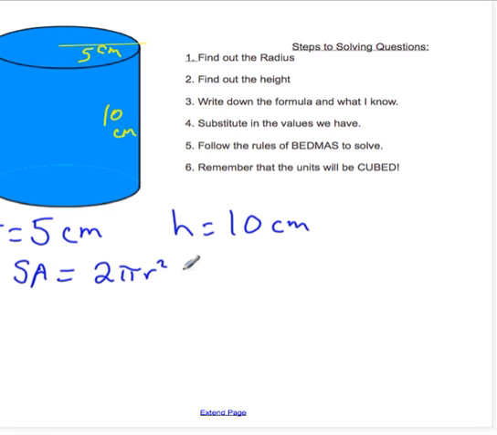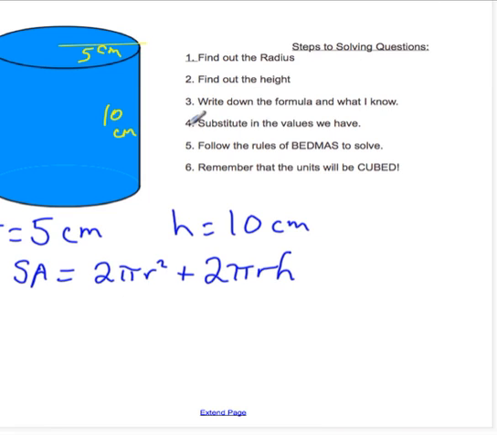But I also need to add in the area of this rectangle. And from the work that we did yesterday, we know that it's the circumference of that circle, which is 2 times pi times the radius. And we also need to multiply that by the height, which is one side of that rectangle. So this will give me the area of the rectangle and the area of the 2 circles.